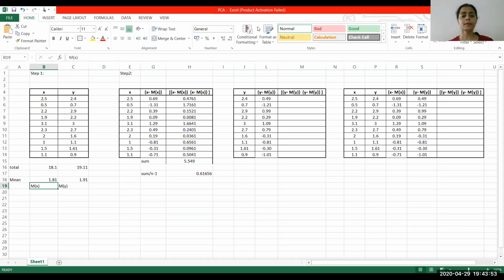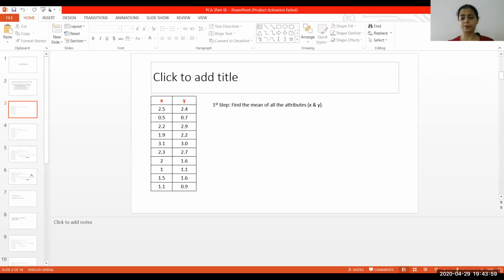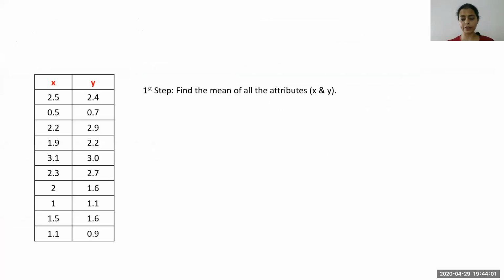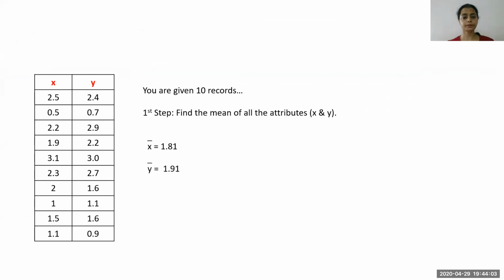Now, as a second step, we need to find the covariance matrix. As we saw in the Excel sheet, the mean of X is 1.81 and the mean of Y is 1.91.